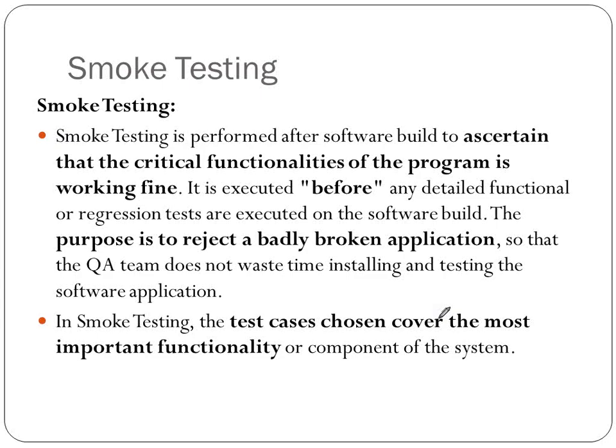So the most important responsibilities in communication between the development team and the testing team are A, smoke testing, and B, the QA turnover meeting. In the QA turnover meeting, which we talked about last class, they discuss the scope of what they're delivering: what you are supposed to test, what you are not supposed to test, if there's any open defect and all those things.